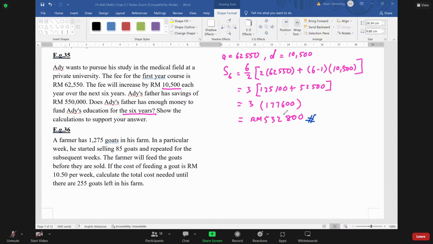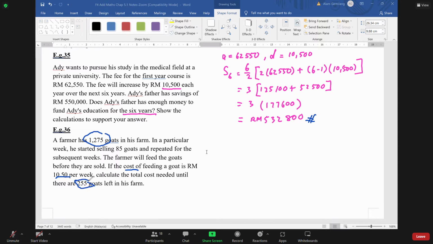Because this is one goat. One goat, the feeding per week is 10 ringgit 50 cents. So you need to find how many weeks from 1,275, the number of goats will become 255.